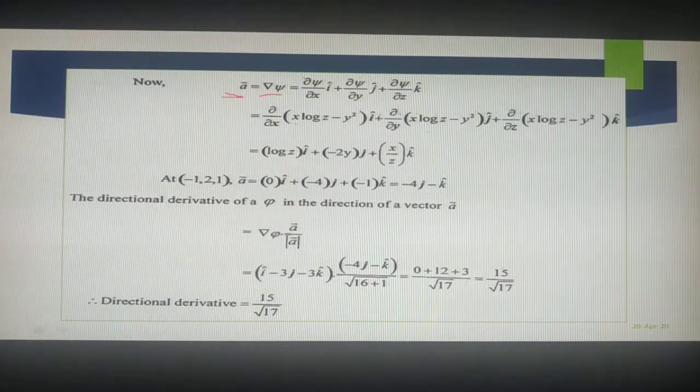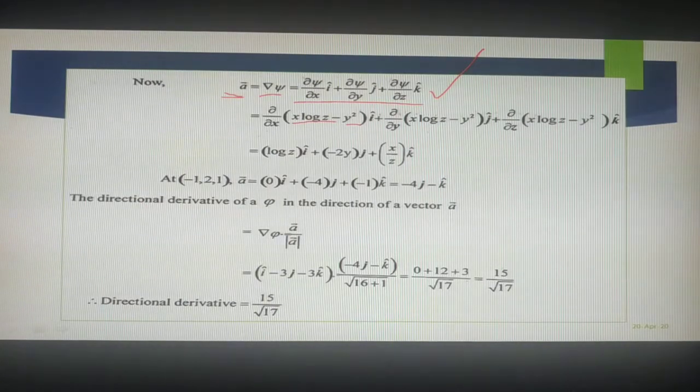They have given another surface, x log z minus y squared. So I have to apply del to this x log z minus y squared. The formula for del psi is dou psi by dou x into i plus dou psi by dou y into j plus dou psi by dou z into k, as usual, like del phi.